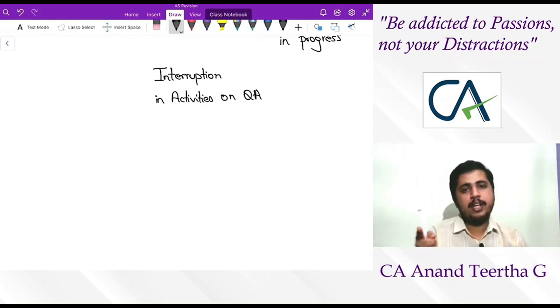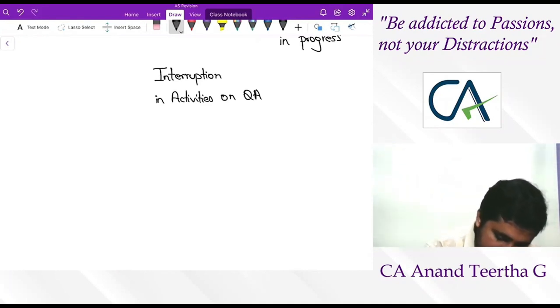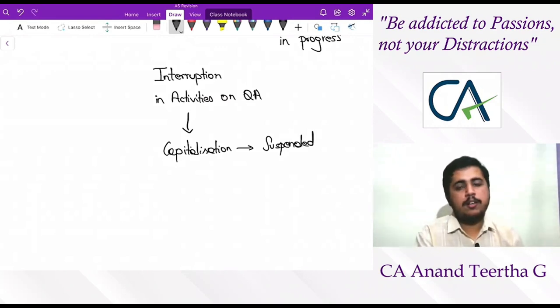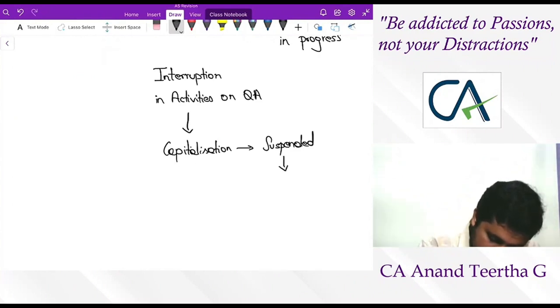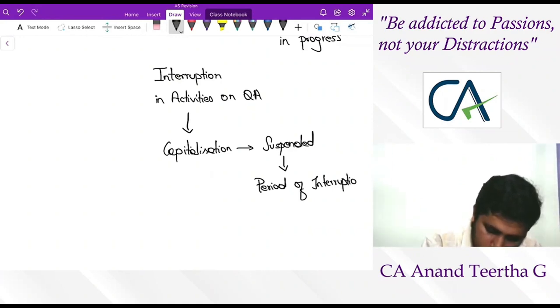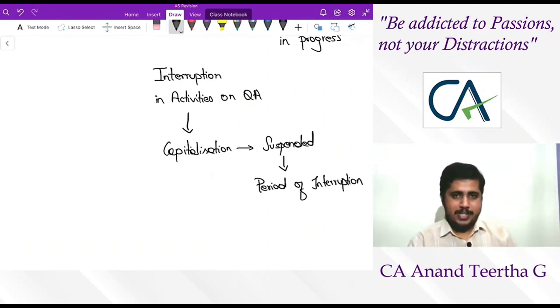If you are interrupting the activities on qualifying asset, then capitalization is suspended. What? Entire amount is suspended? No. Capitalization is suspended for period of interruption. So basically, for the period of interruption, you are not allowed to capitalize your borrowing cost.